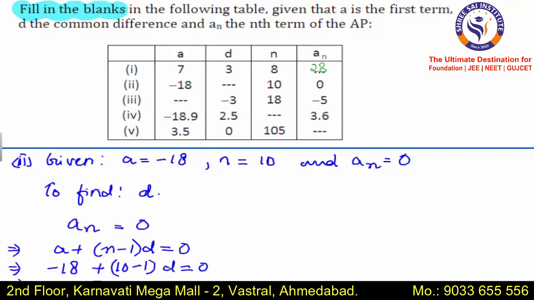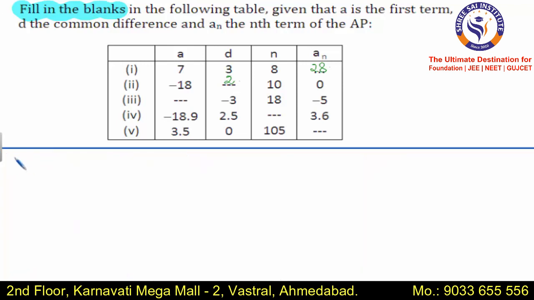This implies that 9D is equal to 18, which further implies that D is equal to 18 divided by 9, which is equal to 2. Hence, the value of D is 2. Now let's proceed on to the third part.